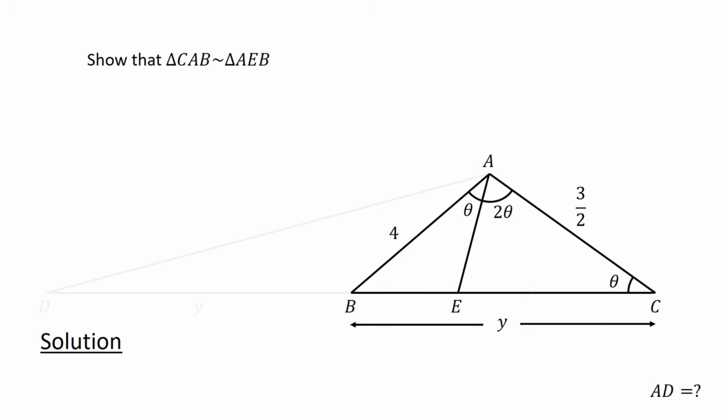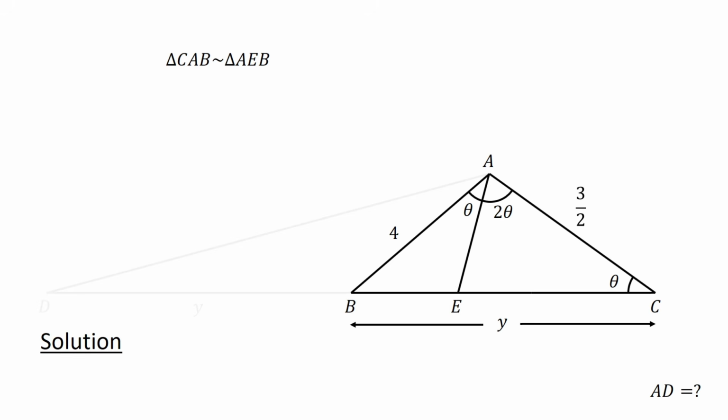Next, let us show that triangle CAB is similar to triangle AEB. Since this angle is common to both triangles, and angle BCA equals angle BAE equals theta, by the AA similarity theorem, the two triangles are similar.